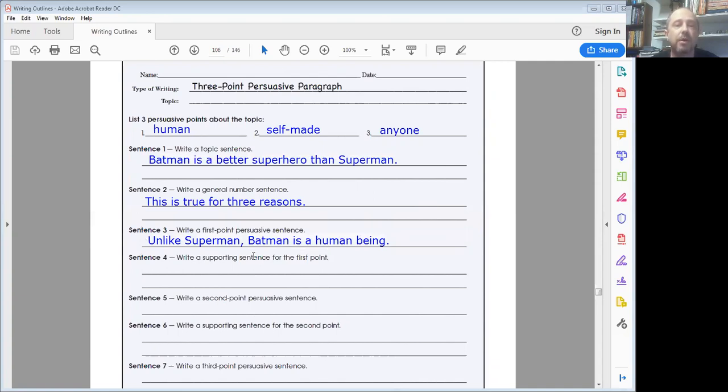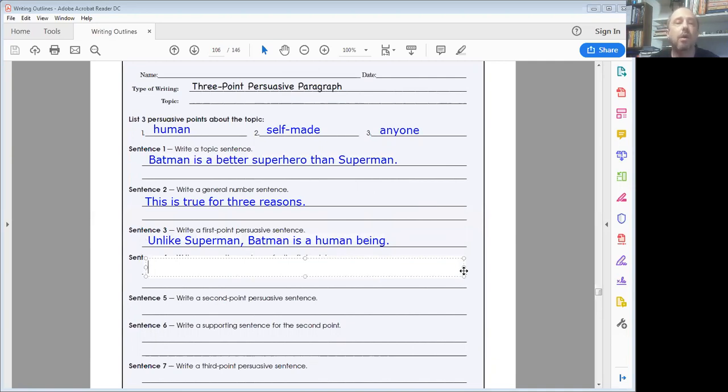And now I want a supporting sentence here. Now here's where things get a little bit tricky, right? Because I listed 3 different things under Batman being human, and I might not be able to use all 3 of those. That's not necessary. I just need some support for this, some sort of explanation for what I'm doing here.